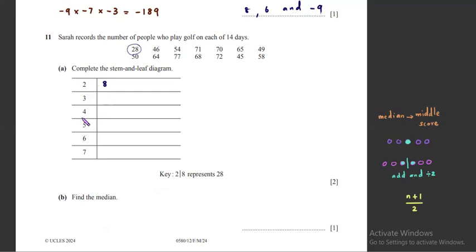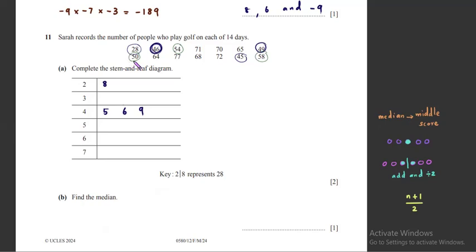Next one, when we consider the 40s, we have 46, then we have 49, and we also have 45. So I'm going to put that in order as 45, 46, and 49. This is how I should be writing it. Next, when we consider the 50s, we have 54, then we've got 50, and then we have 58.